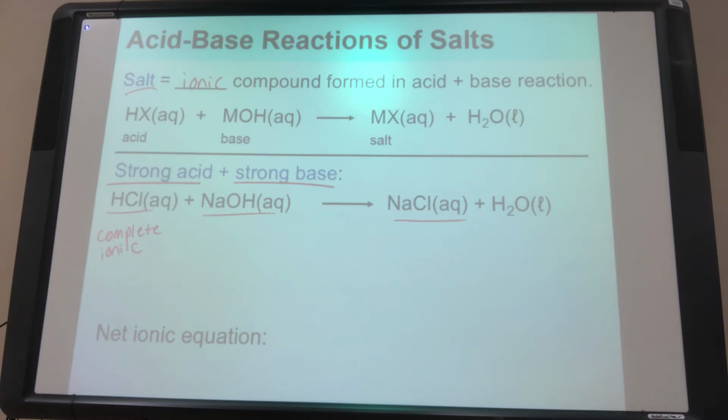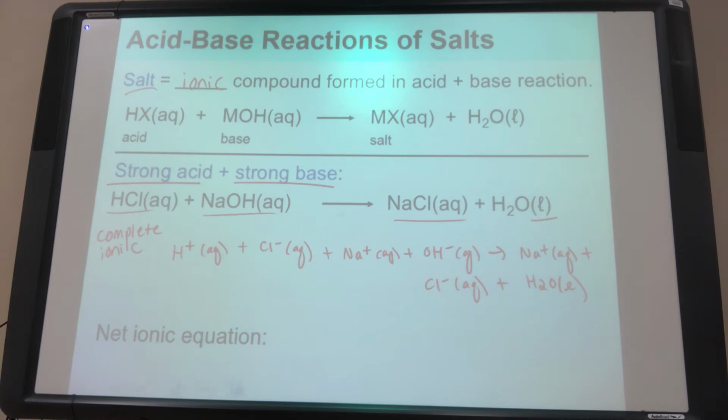So if we separate HCl, we're going to get H+ (aq) plus Cl- (aq). Separate NaOH, we get Na+ (aq) and OH- (aq). Separate NaCl, we get Na+ (aq) and Cl- (aq). Water's a liquid, so it stays together. All right, so that's our complete ionic equation.